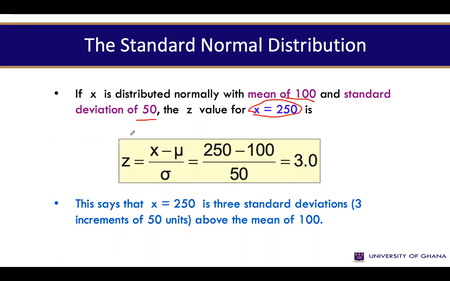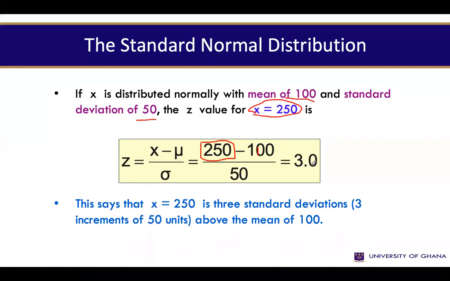We know that z is x minus mu divided by sigma, isn't it? Given that x is 250, mu is 100, and the standard deviation is 50, we have z = 3.0.